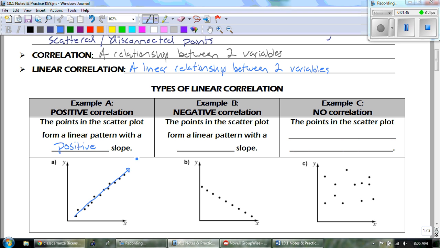So if the general trend of the graph is going up, that means it's positive. Okay, now example B, which is negative correlation, that means the points in the scatter plot form a linear pattern with a, see how they're all going down? Yeah, that's a negative slope.